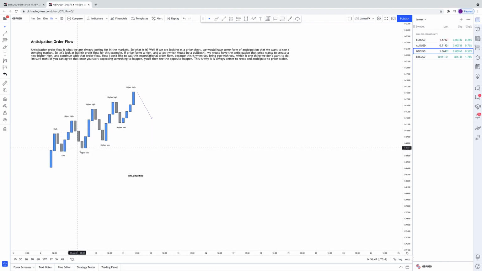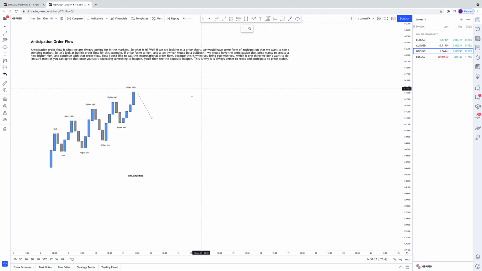Okay, so this is where we can look for entries, and we can also trade short into this pullback into the higher time frame higher low. Okay, so if we continue, we have the next move. If our anticipation or order flow is going to continue, this is the most recent higher high that we want to see breached, and you can see price breaks above the higher high, we form a new higher high.